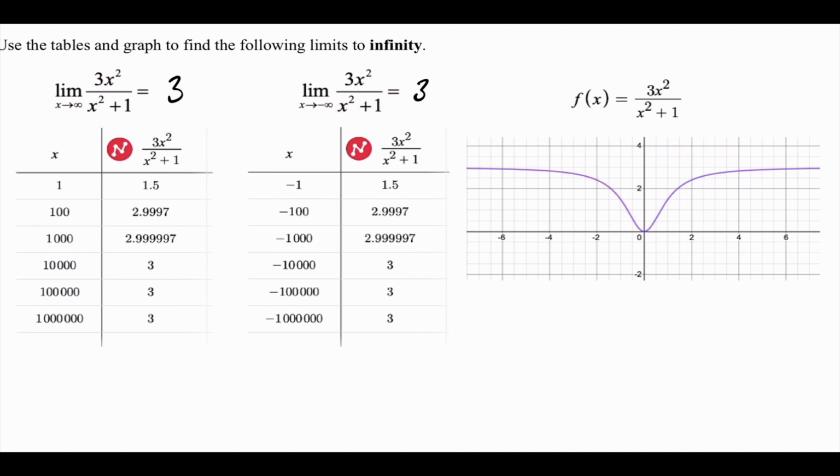It goes, and then it does a little parabola thing, dips up, and then flattens out a little bit. Where does it flatten out? At y equals 3, right? There's kind of an invisible line at y equals 3 that it's never going to cross.